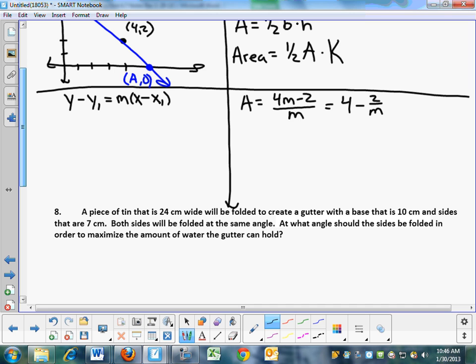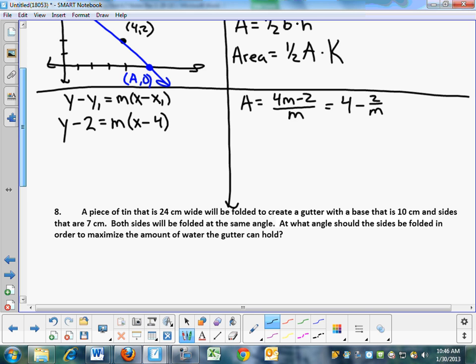Yep, just go ahead, grab a scratch sheet of paper. Now I'm going to do the same thing over again. I have y minus, what's the point on the line? (4, 2), so we have a 2 there, equals m times (x minus 4).